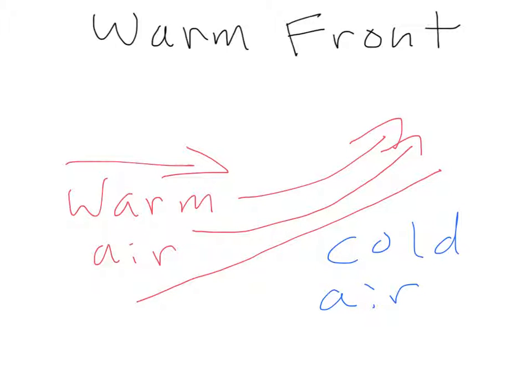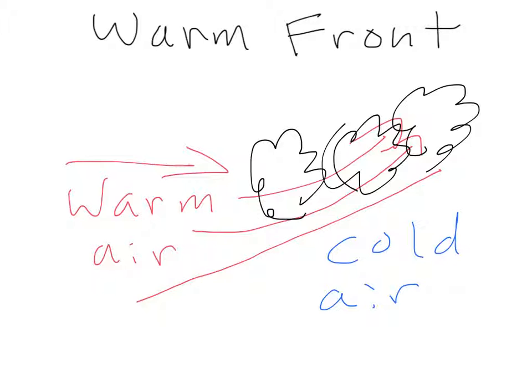So in a warm front, you can still get cloud formation along the front, but they're typically not your huge thunderstorm clouds. You can still get some periods of rain or maybe snow in the wintertime along a warm front.